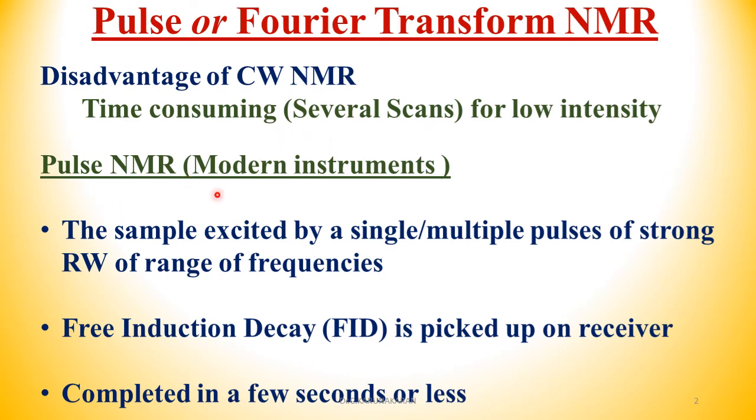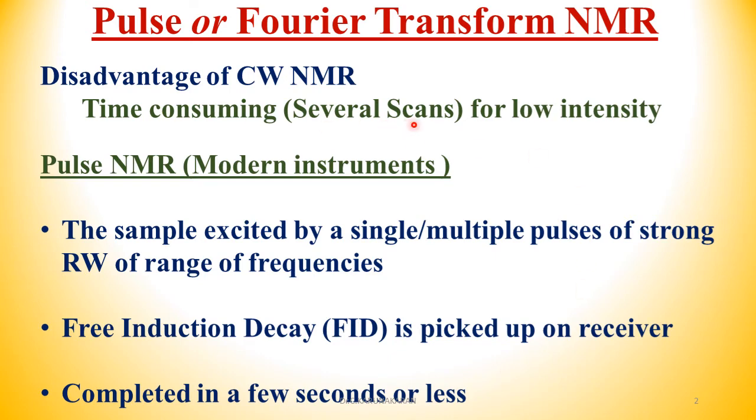Whereas in modern pulse NMR, the sample is excited by a single multiple pulse of strong radio frequency wave of a range of frequencies. Then the free induction decay is picked up on a receiver. We'll see the NMR measurement is completed in seconds. This is very important.